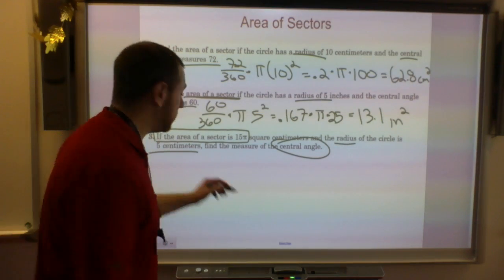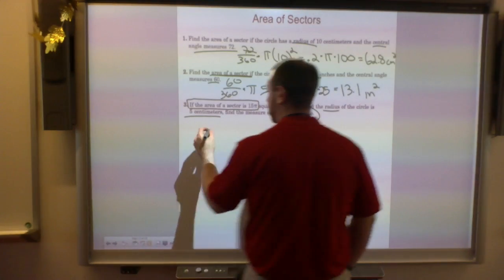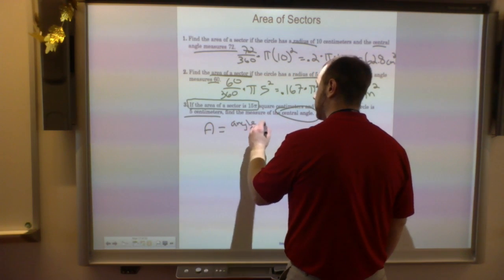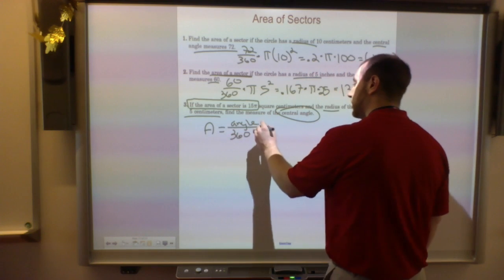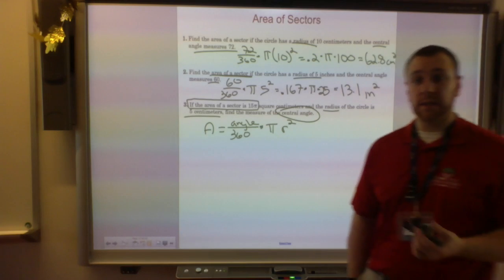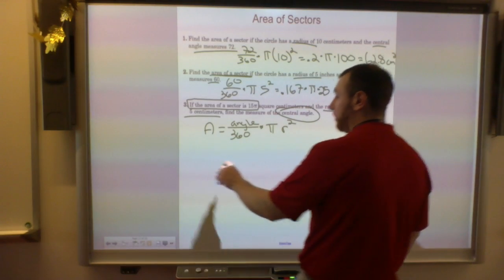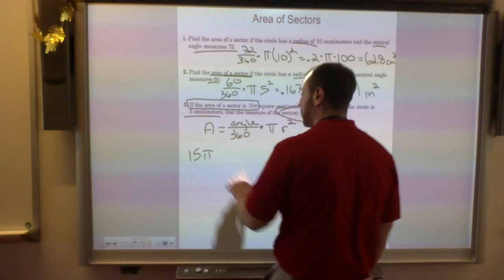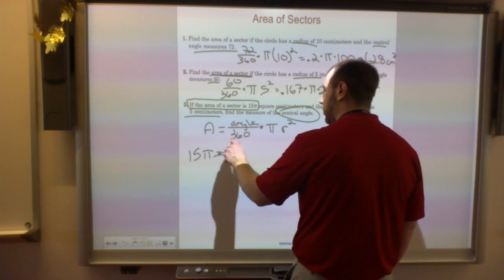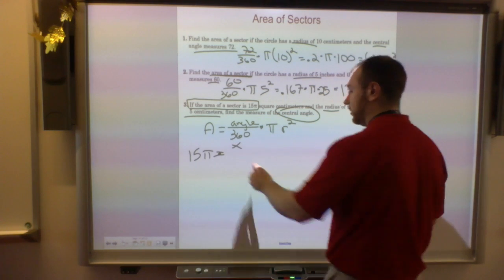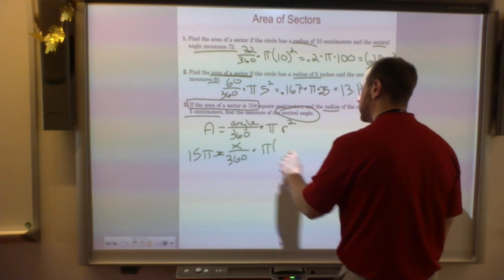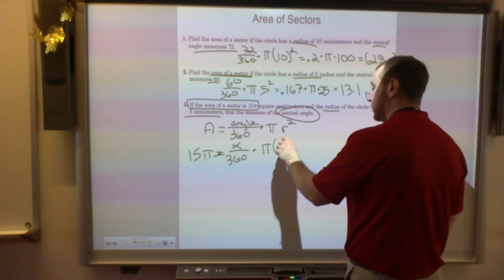So if I'm writing this out, area equals angle over 360 times pi r squared. When I plug this stuff in, my area is 15 pi equals, I don't know my angle, that's going to be my x over 360 times pi times my radius squared.